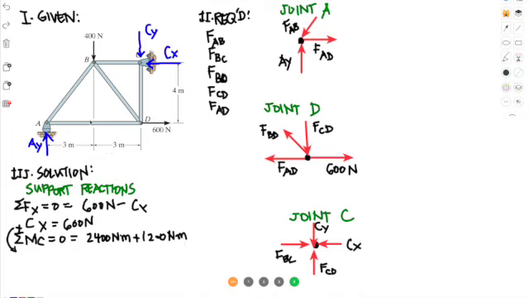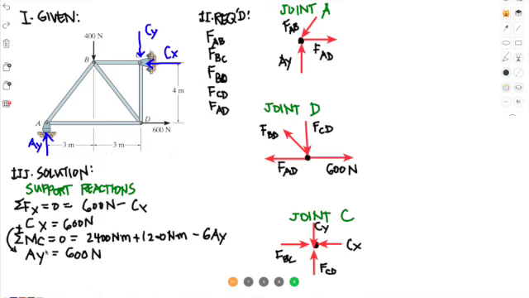And what's left is 3 plus 3 AY, that's minus 6 AY. So we can solve for AY: AY is equal to 2400 plus 1200, that would be 3600 divided by 6, that is also 600 Newtons.